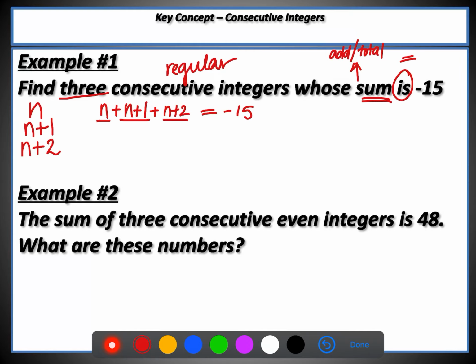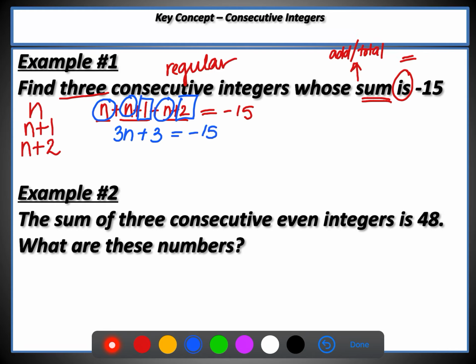So we're going to combine like terms. n plus n plus n gets me 3n, and then 1 and 2 is plus 3.